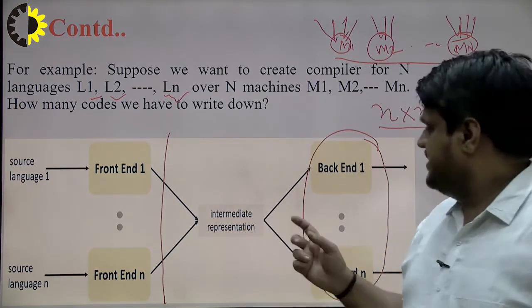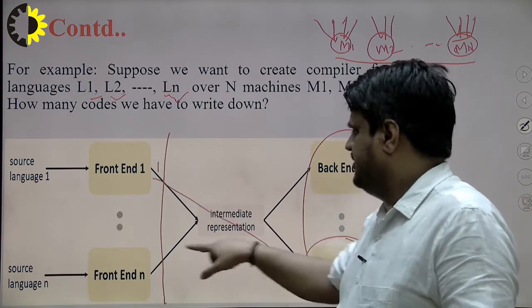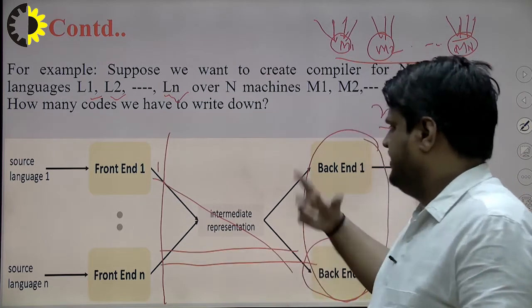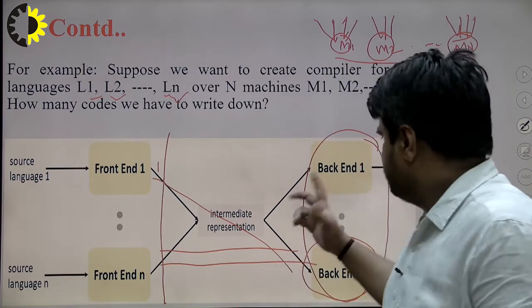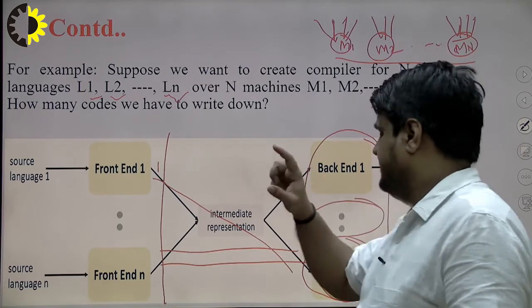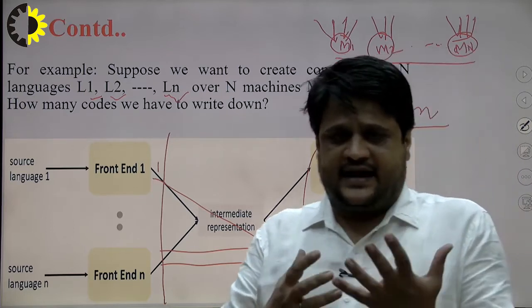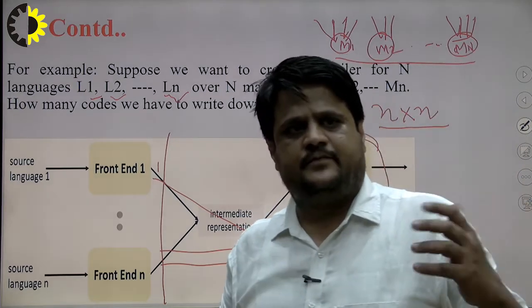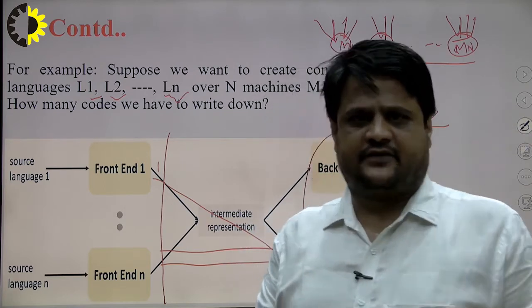Then for a dedicated back end, you attach all the front ends, and you get the compiler for the different programming languages for that machine. Similarly, attach all the front ends with the second machine's back end and so forth. In this manner, you will get the compilers for all the machines for all programming languages, right?